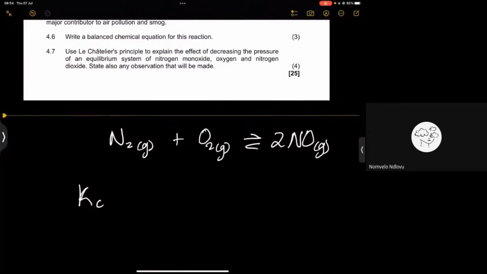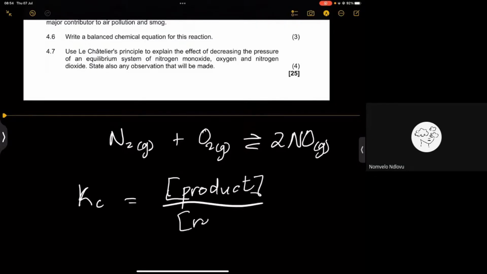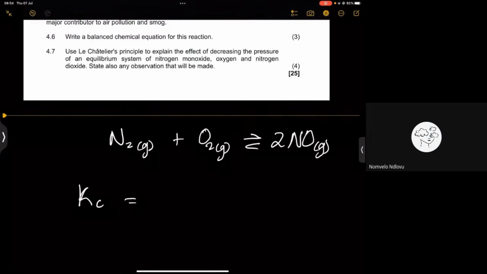Okay, now in this case, what we are simply saying, we want to write down the equilibrium constant expression. Please note, there's no need, and I see you guys like writing this product over reactants stuff, there's no need to write this down. Okay, all we need when we want the equilibrium expression, all we need is to write which one of the products.